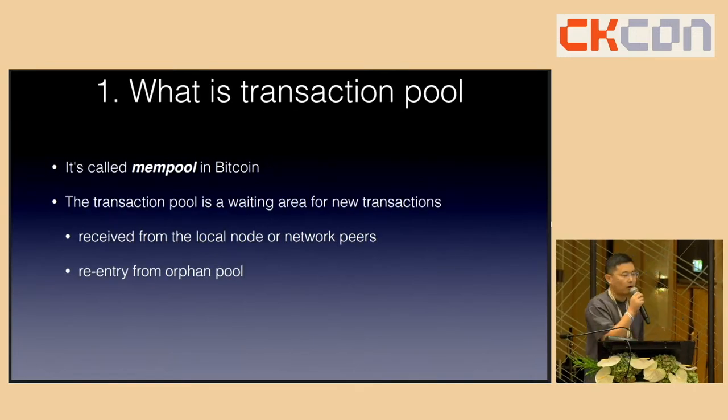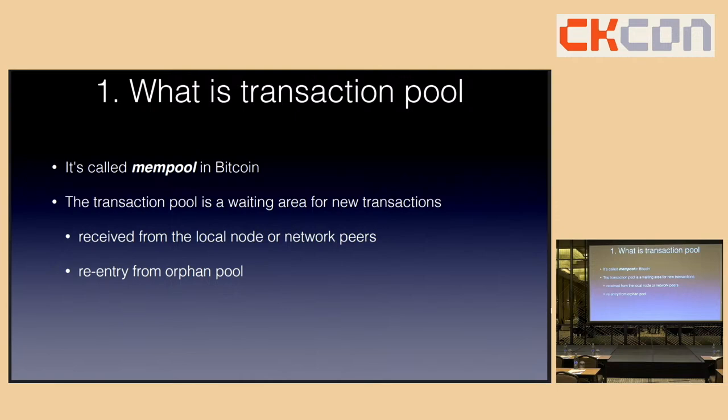First of all, what is a transaction pool? I guess a lot of you have some background on the block system, but I think the transaction pool is overlooked. There are not a lot of materials on the internet about this part. The transaction pool is a cache used to store all the transactions received from the node or from network peers.